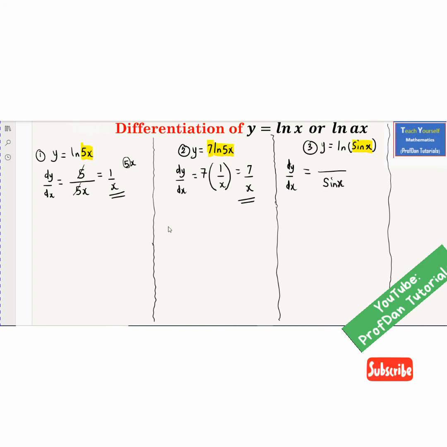If you check one of our videos on how to differentiate sine x from first principle or using the general differentiation approach, the differentiation of sine x will give you cos x. And in trigonometry, the ratio of cos to sine will give you cotangent, which is cot x.